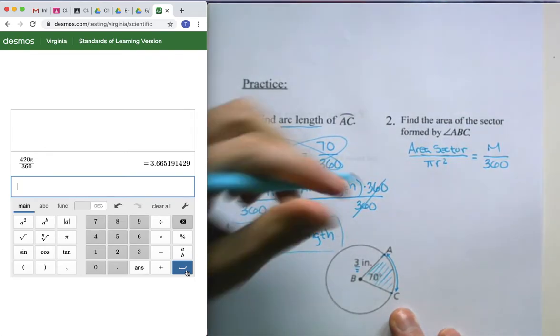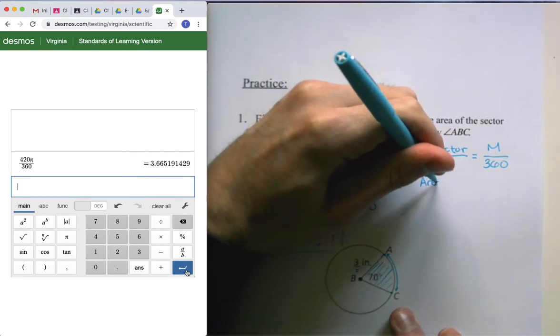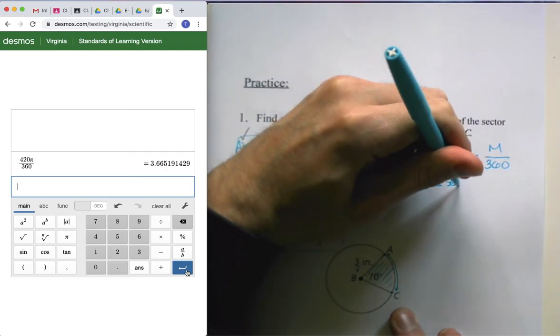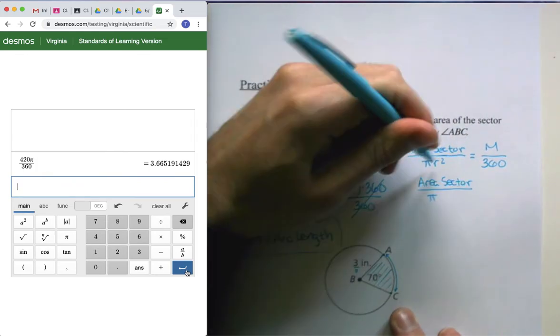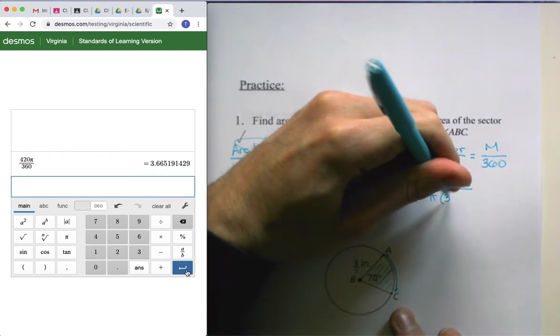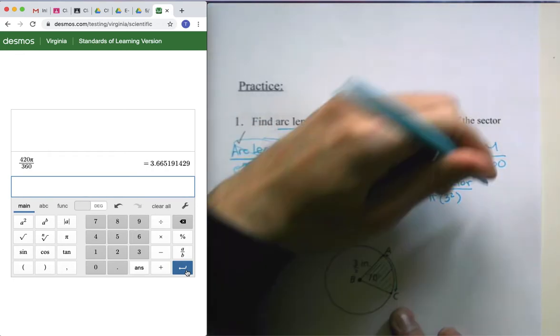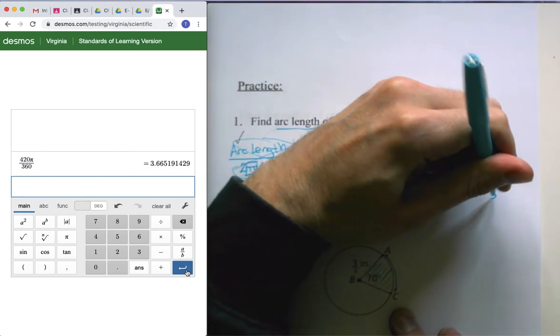Okay, so let's start plugging some things in. I'm going to say area of a sector, which is what we're going to solve for, over pi r squared. Well, r is my radius, so I'm going to say 3 to the second, okay, is equal to, here's my angle, 70 over 360.